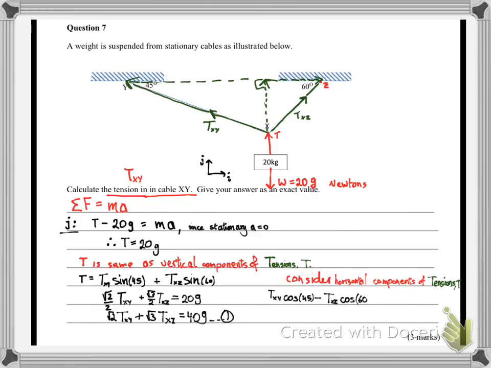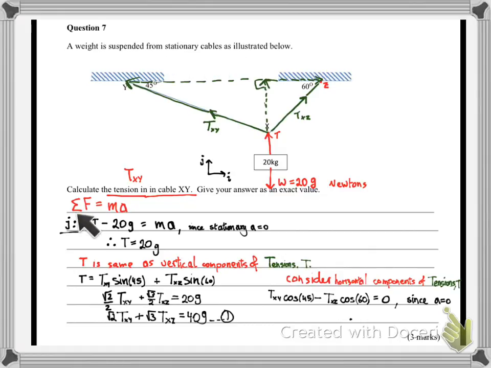Alright, so the cos of the angles, now they're going to sum up. We've got positive going this way, and negative going this direction, and that gives us this, and that is equal to 0 because the cables are stationary.